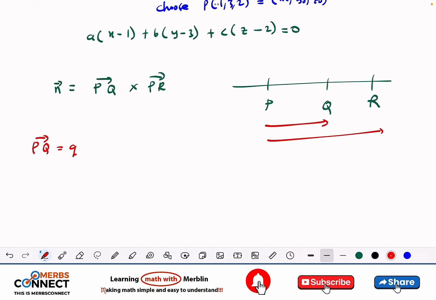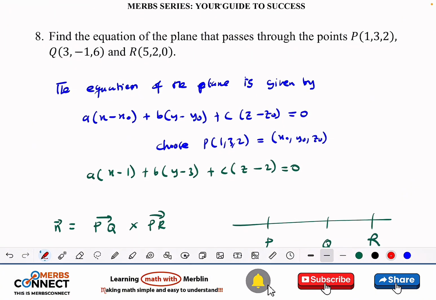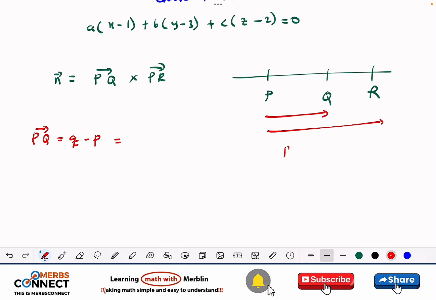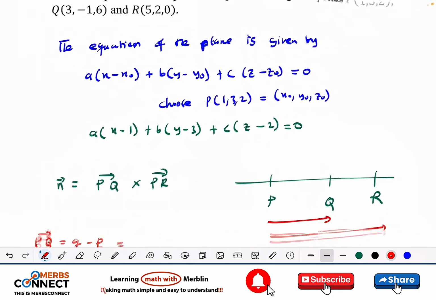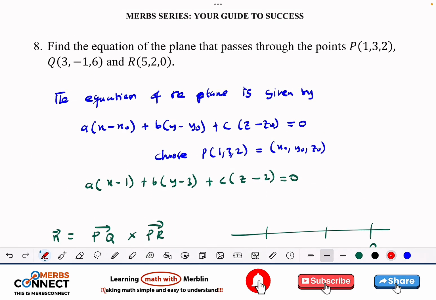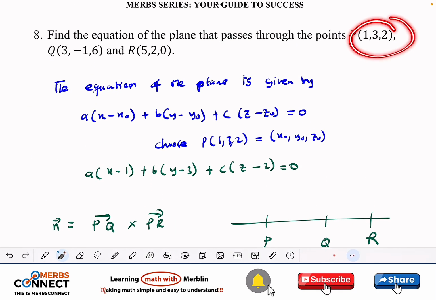So now let's look for PQ. PQ is small q minus small p. So let's form small p, small q, and small r. Small p, which is the position vector, will be i plus 3j plus 2k, because it says 1, 3, 2.